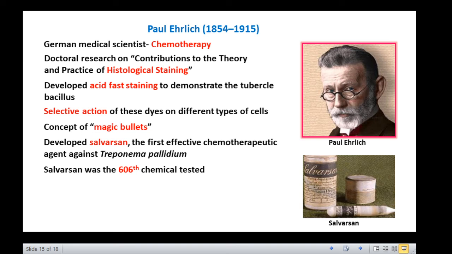Salvarsan was the 606th chemical agent he tried and was extraordinarily effective and harmless despite its large arsenic content. It seemed as if the magic bullet had been found.